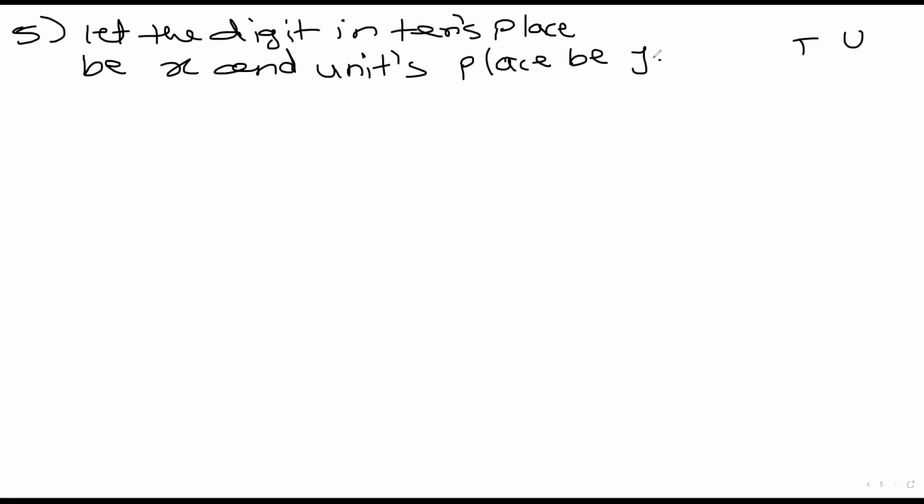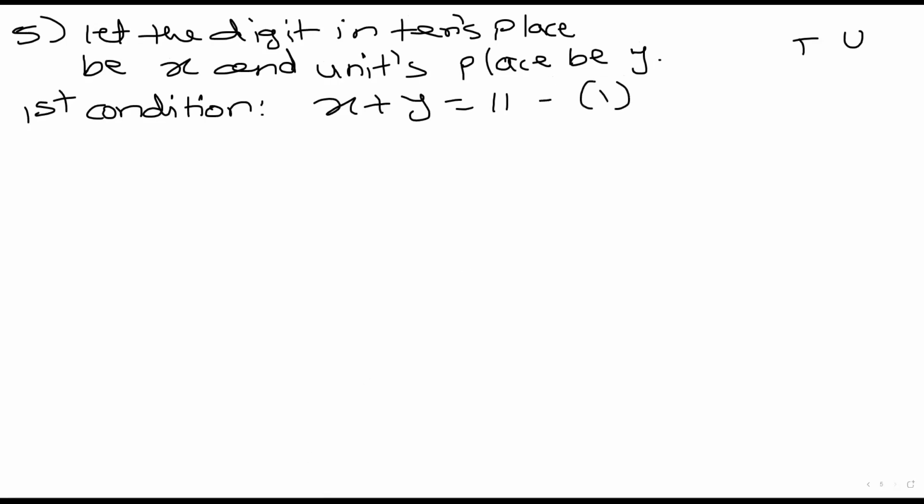Is that correct? Yes, sir. So according to the first condition, their sum is what? 11. So first condition says x plus y is equal to 11. Correct? This is the first equation. Now the second condition is interesting. If the digit at tens place is increased by 5.